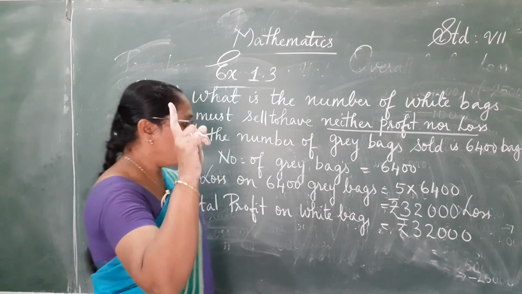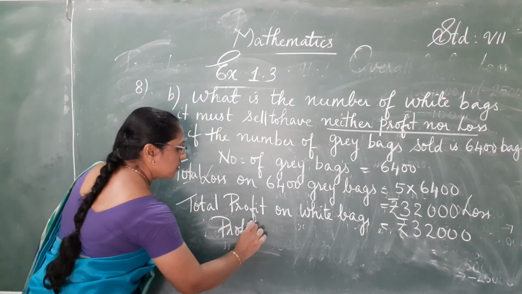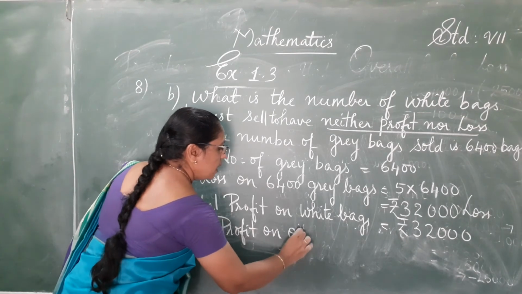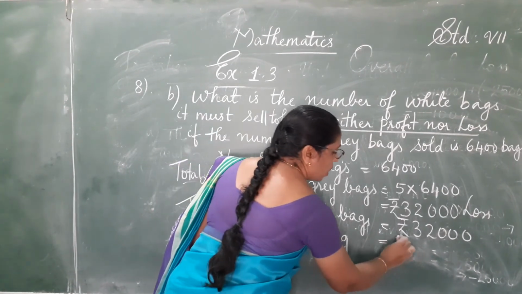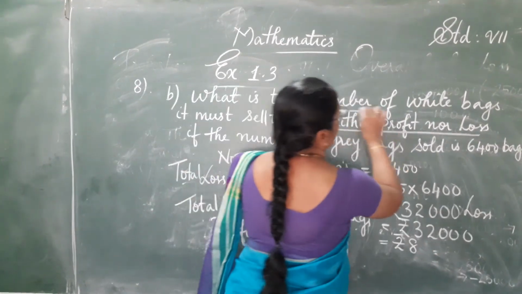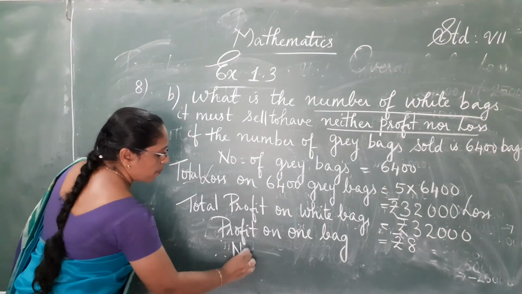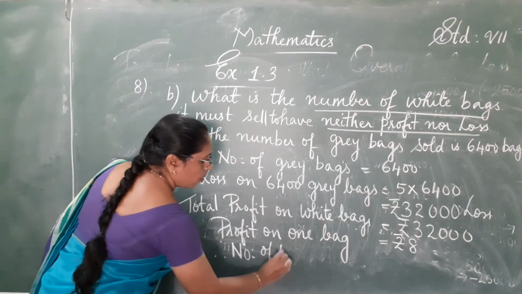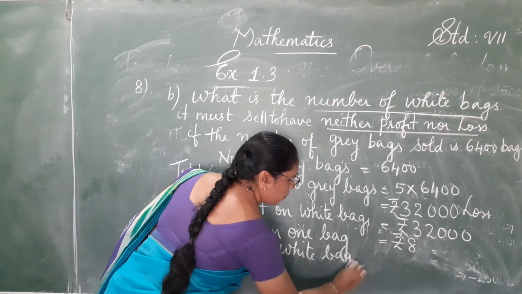And we know profit on one white bag is rupees 8. And our question is find the number of white bags. Okay. So therefore number of white bags, how will you find?